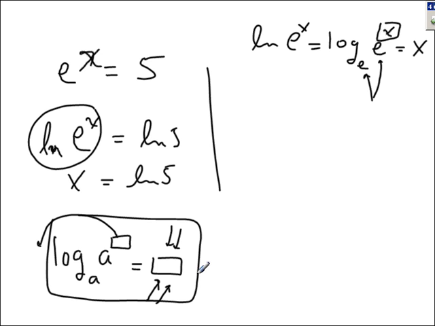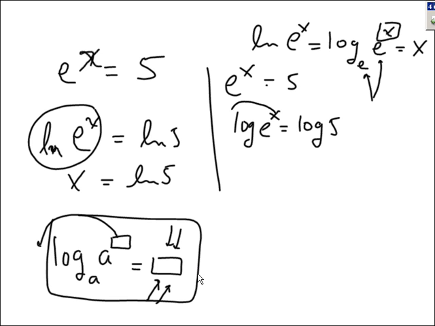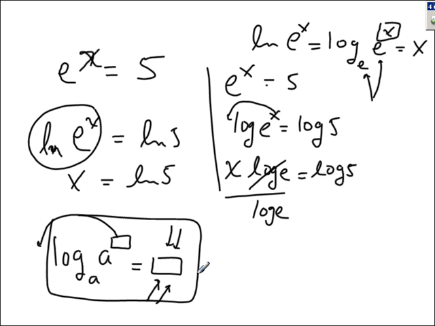For the record, you could have taken log of both sides. The power comes down in front. So you have x times log e equals log 5. Divide by log e.